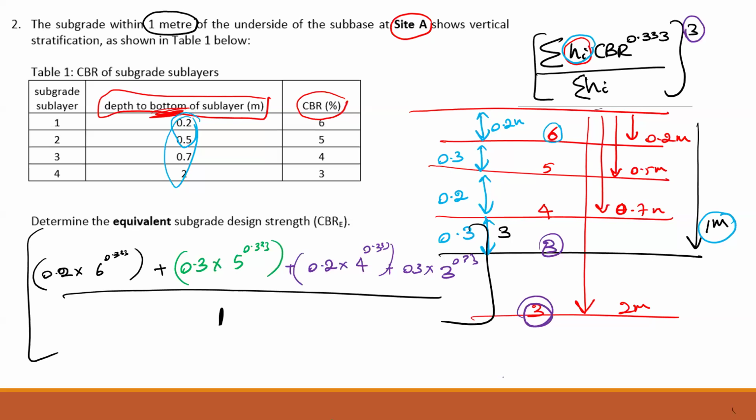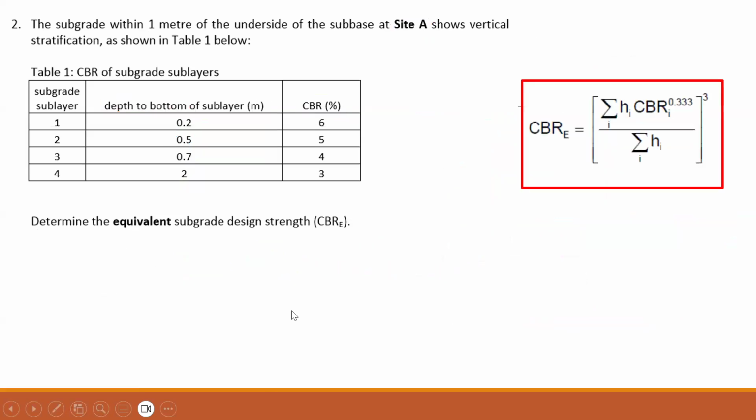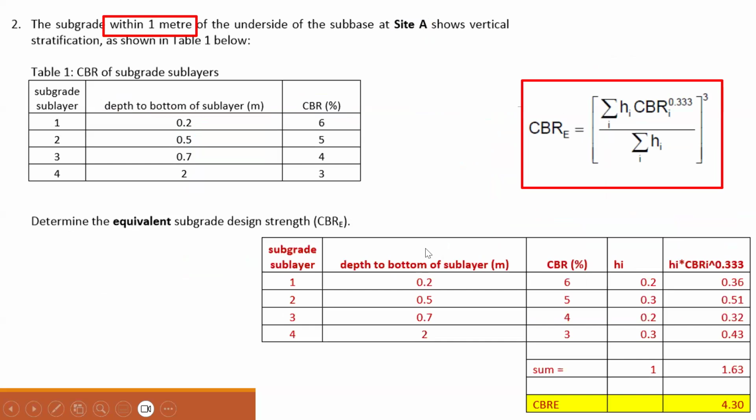No, it should be a small value. So these are the numbers I got: 4.3. This whole part is 1.63, divided by 1 to the power of 3. Were you able to find out where you went wrong?